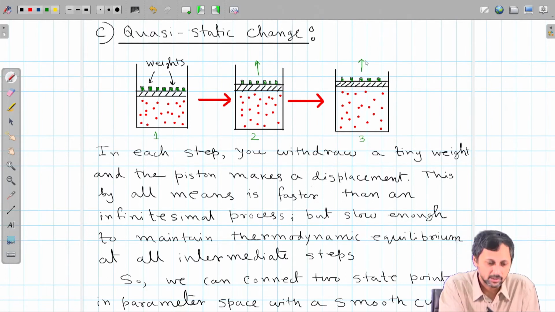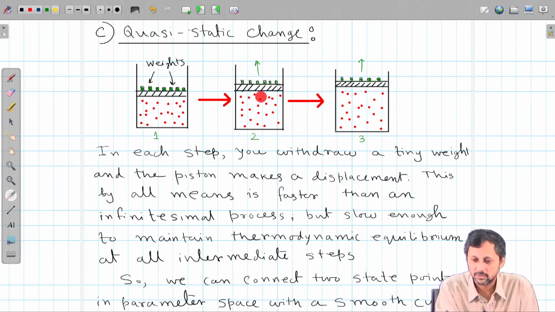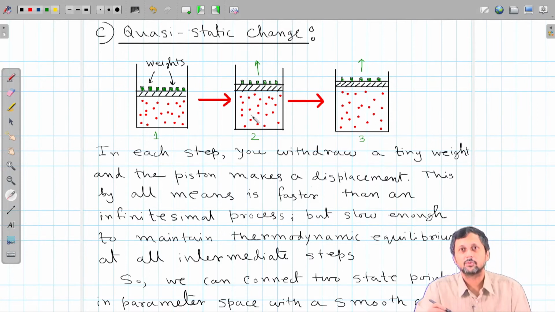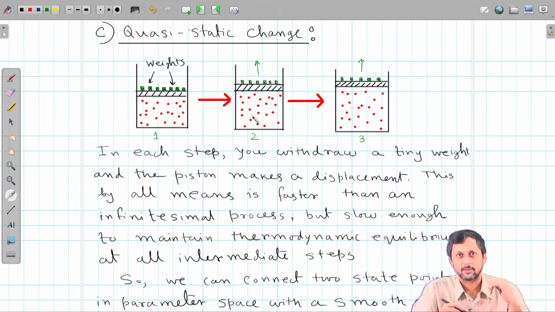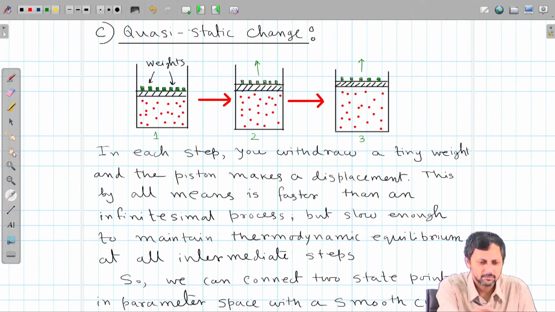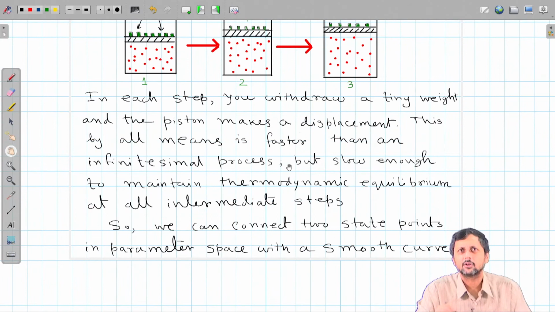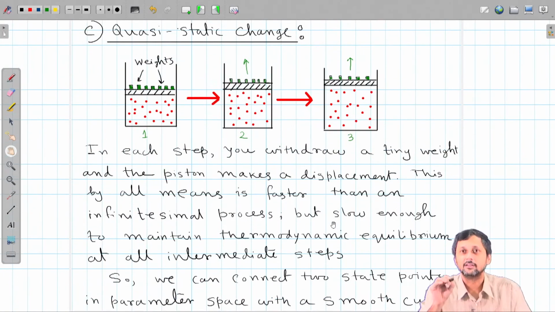So, every time we reduce a weight, the piston moves upwards. This is a kind of practical compromise to realize a reversible process, a realization of a reversible process in real life.